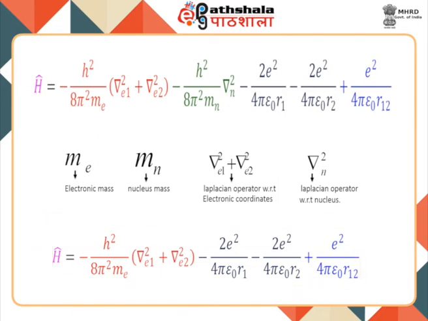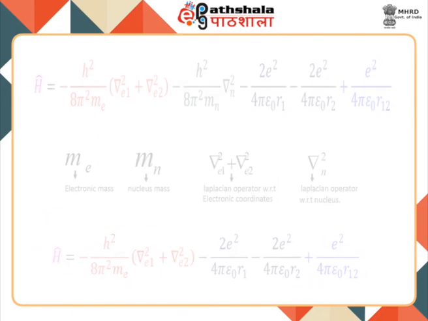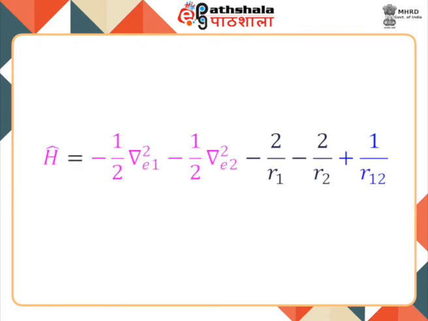In atomic units, equation 10 modifies to equation 11, that is, the exact Hamiltonian for helium atom problem becomes minus 1 by 2 delta E1 square minus 1 by 2 delta E2 square minus 2 by r1 minus 2 by r2 plus 1 by r12.